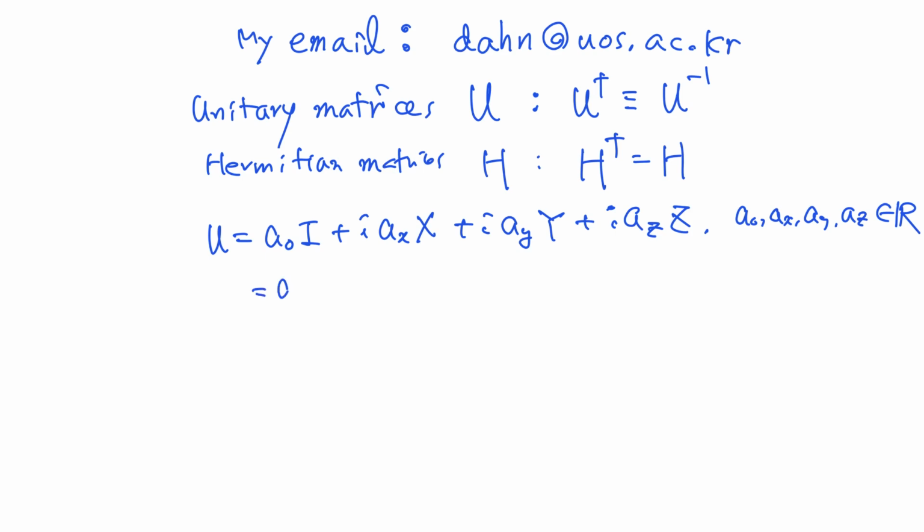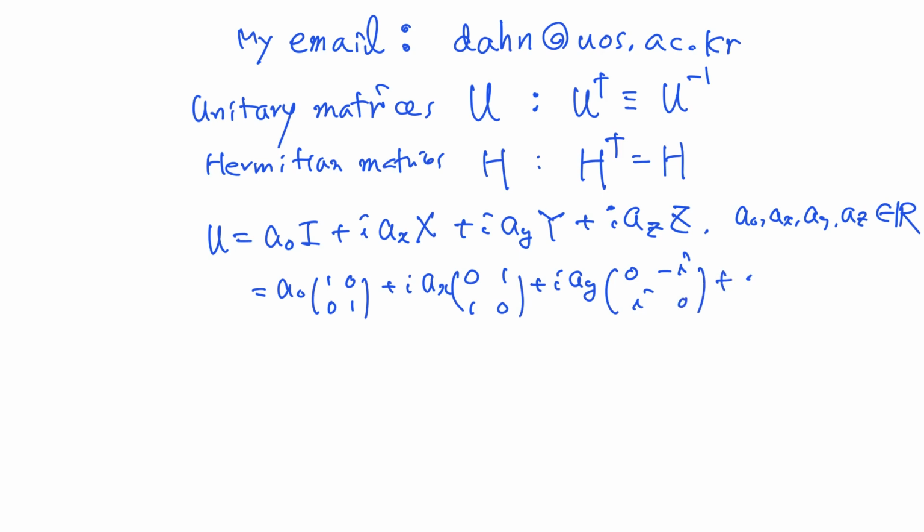So this is A0 times [1, 0; 0, 1], AX times [0, 1; 1, 0], i AY times [0, -i; i, 0], i AZ times [1, 0; 0, -1].